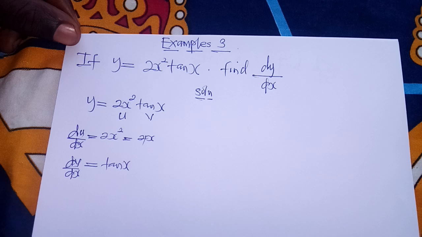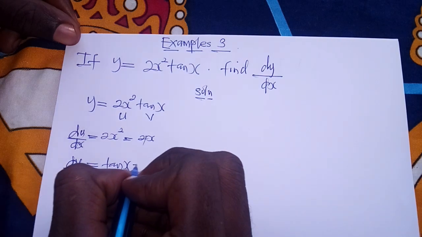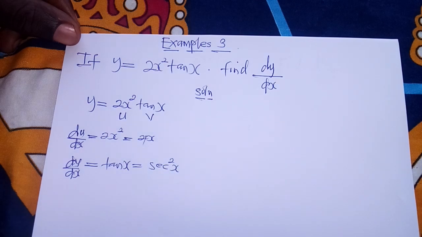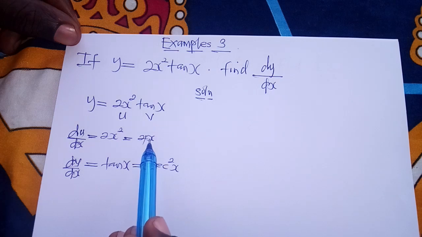Since this is a trigonometric function, if you differentiate tan, you're going to have sec square x. Always, if you are differentiating tan, you're going to have sec square x. Differentiating u, you're going to have 4x.